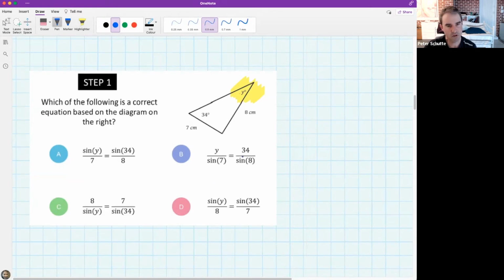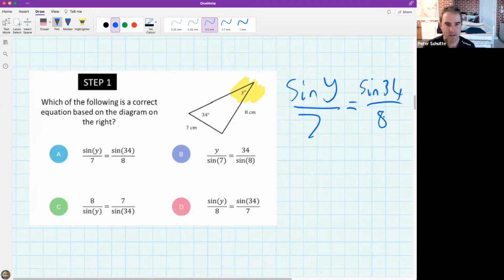So if I was starting, I'd start with the sine of y over 7. So actually, the only one that has the sine of y over 7. Okay, well, let's just make sure we write it out. And then I'd go the sine of 34 over 8.